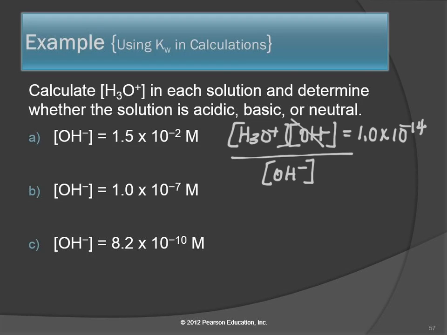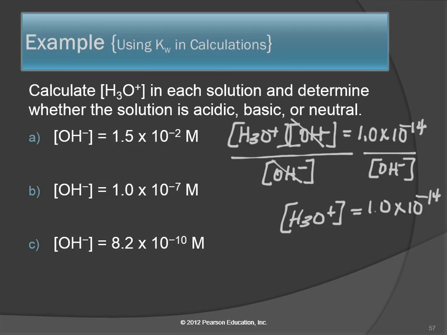Because hydroxide over hydroxide is 1, we say that it cancels out. And so what we're left with here is that the hydronium ion concentration is equal to 1.0 times 10 to the minus 14 divided by the hydroxide ion concentration. So this is the equation that we need to take this hydroxide ion concentration to find out what the hydronium is.